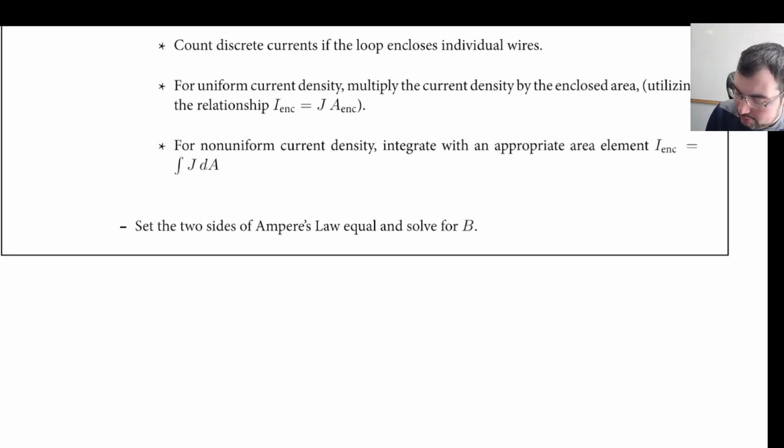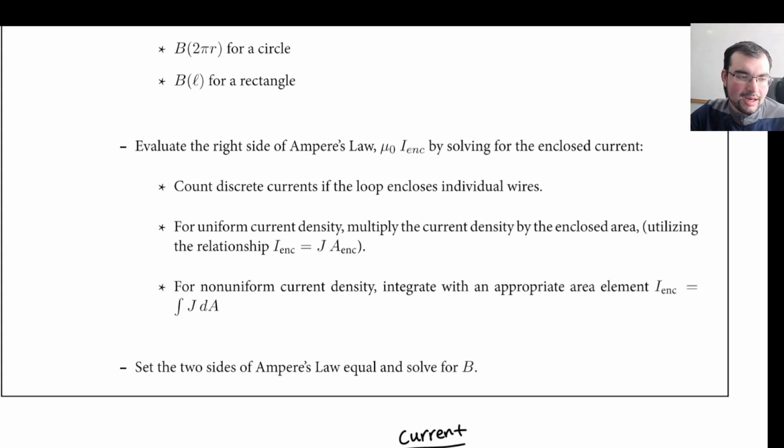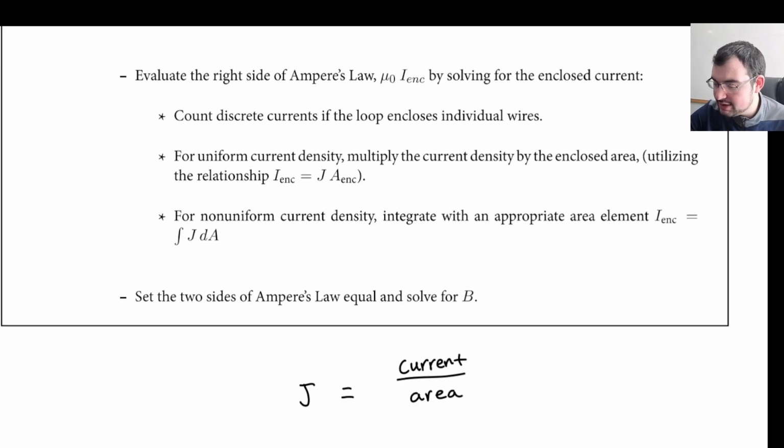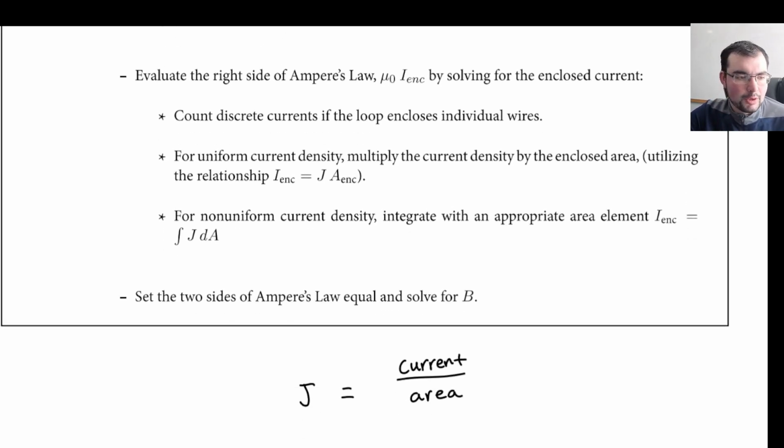But the only type of current density we've used is J, which is defined as current per unit area. Because currents are sort of traveling through these cross-sectional areas. So it makes sense that there's only one type of this current density, because it has to be how we define current in the first place. Of course, there exist other types of densities if you look in higher level texts like Griffiths, but we're fine with just J.